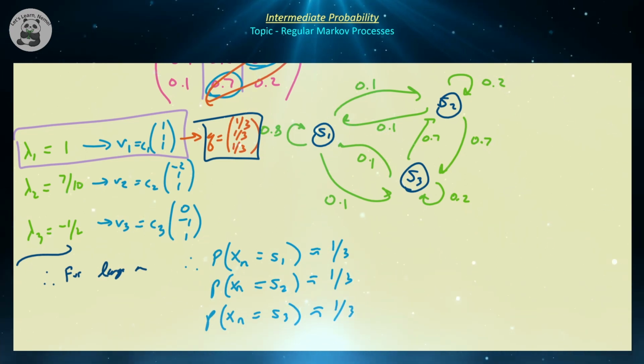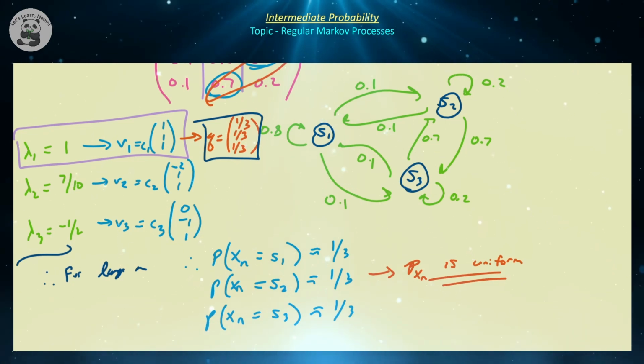So even though the initial state and the transitional states are all very different, practically what you see here is that the probability distribution for Xn is a discrete uniform distribution for long times n, right?